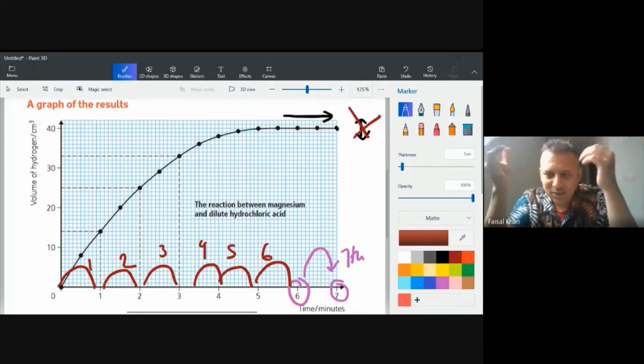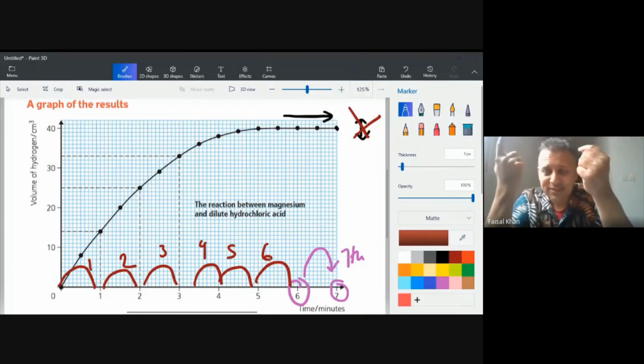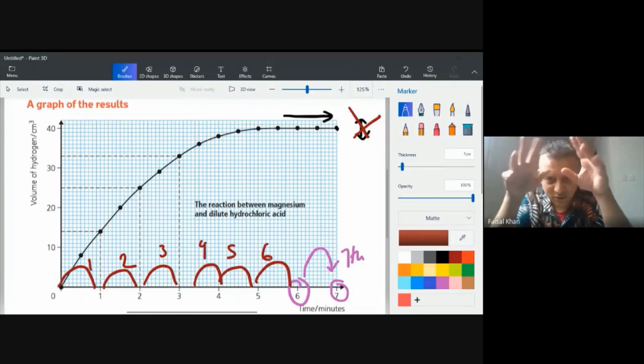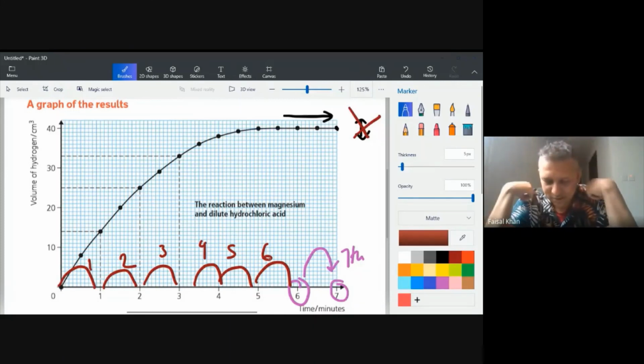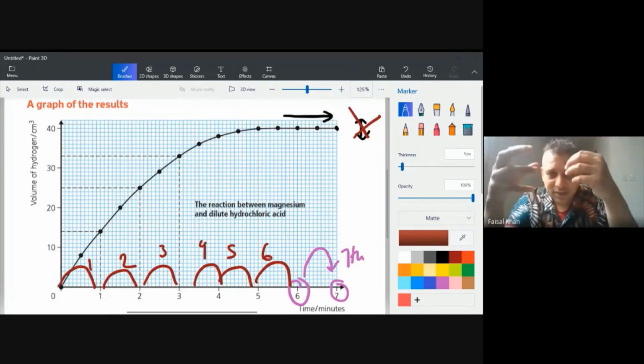You've got lots of different particles reacting together, and not all of those collisions are successful. The successful ones form your products, and the unsuccessful ones stay as reactants, and as time goes by, they become products.